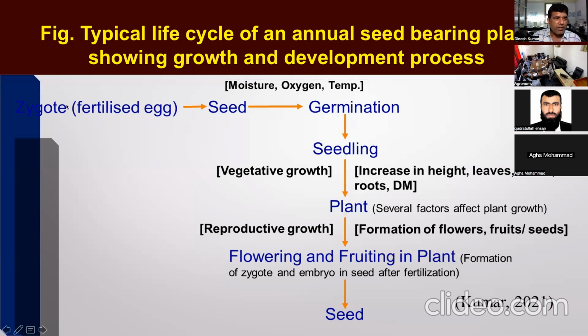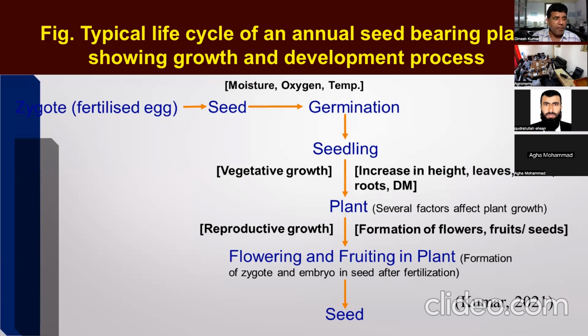This zygote is developing into an embryo. When the zygote multiplies, it increases in cell number. Cell numbers are increased by vegetative mitosis, and it also increases the size of the cells.